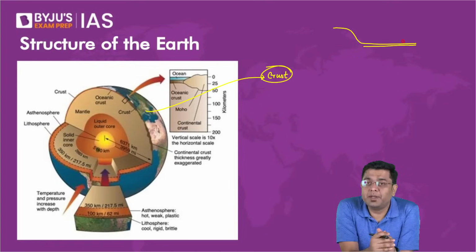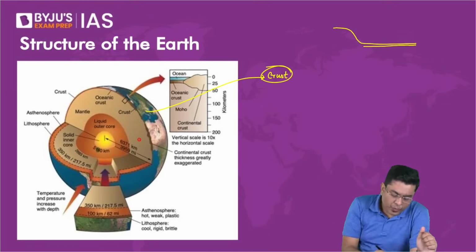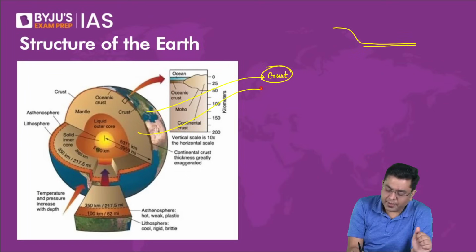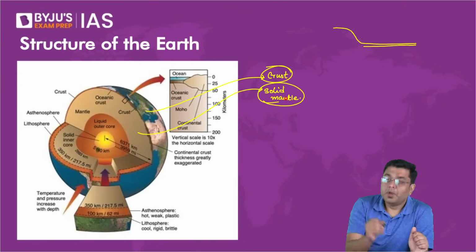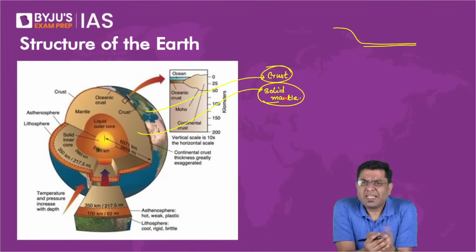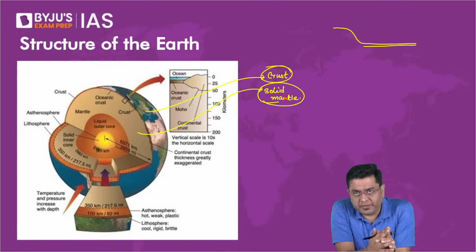Beyond that depth is the solid mantle with a greater density, with a greater amount of compression. That is where you have the solid mantle. Now, this mantle starts roughly around 50 to 70 kilometers below the surface.